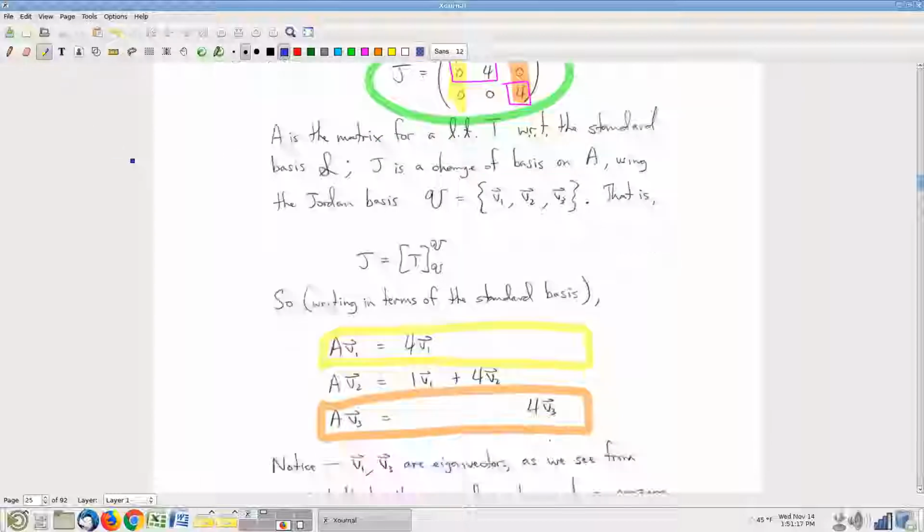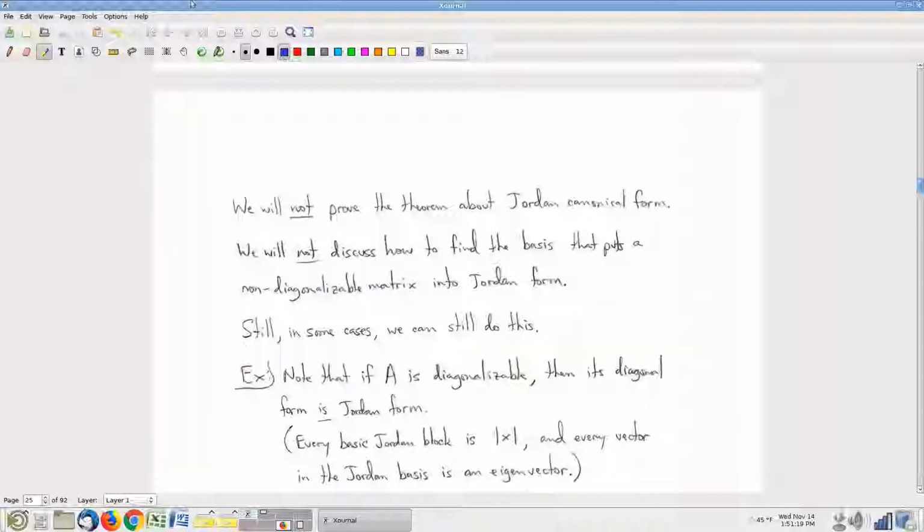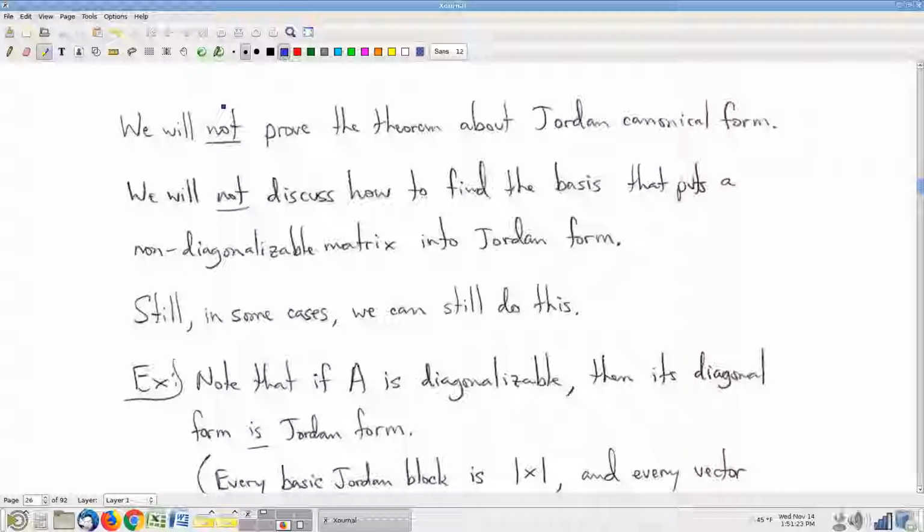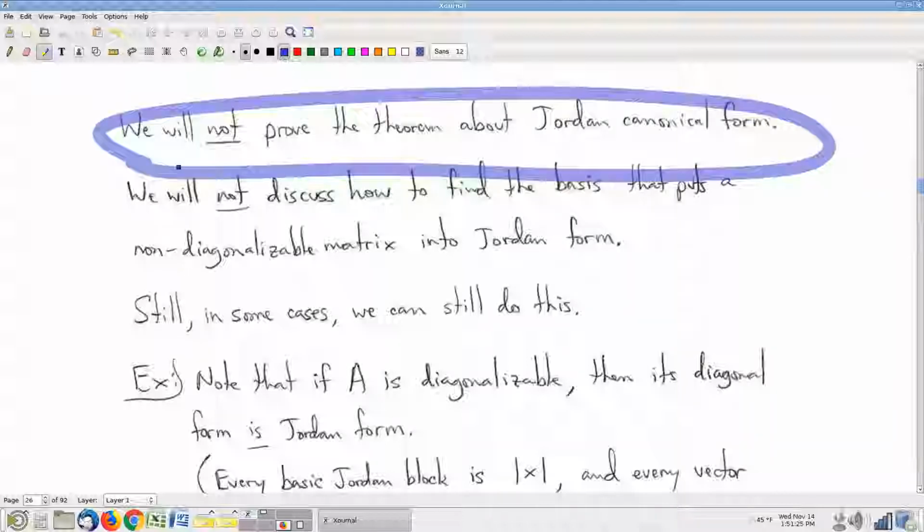Reminder, and I've been commenting on this as we go along: these theorems about Jordan form, we're not going to prove them in this course. They're too hard to prove in this course. In Math 221, the math major version of linear algebra, they might prove this theorem, but it's a pretty substantial proof.